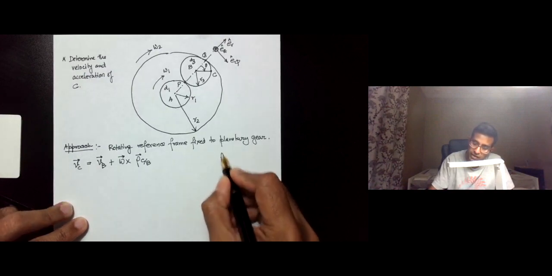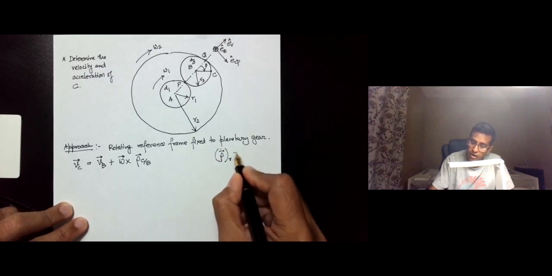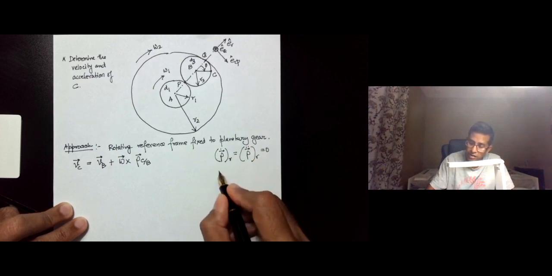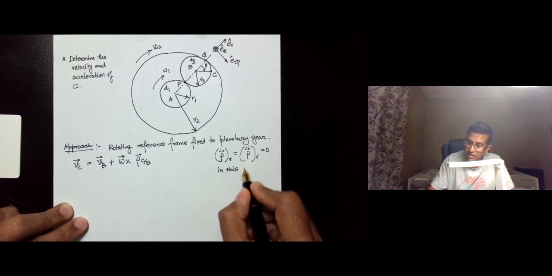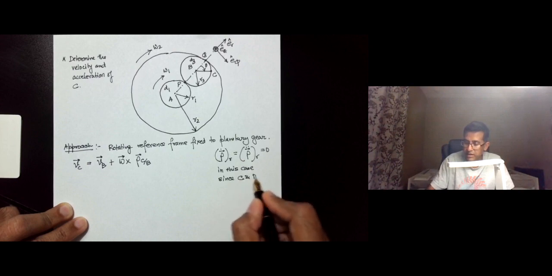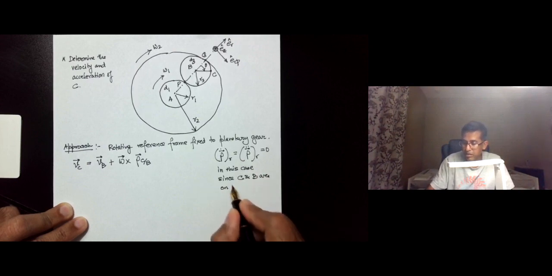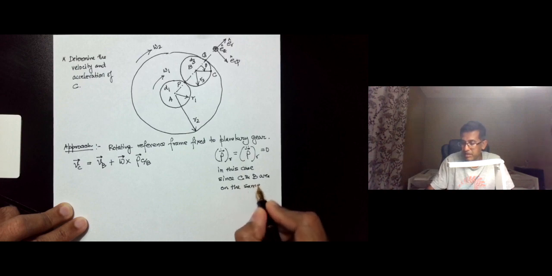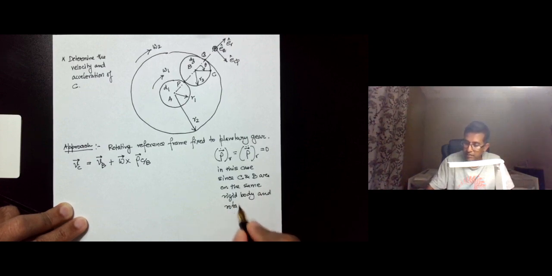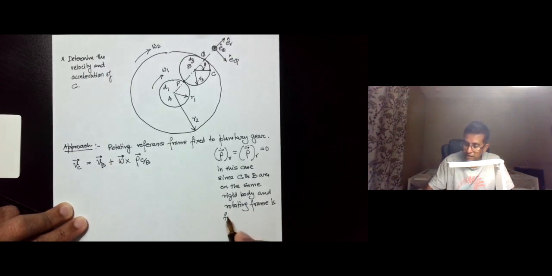So we make a note that rho dot r is equal to rho double dot r is equal to 0 in this case, since C and B are on the same rigid body and the rotating frame is fixed to it.